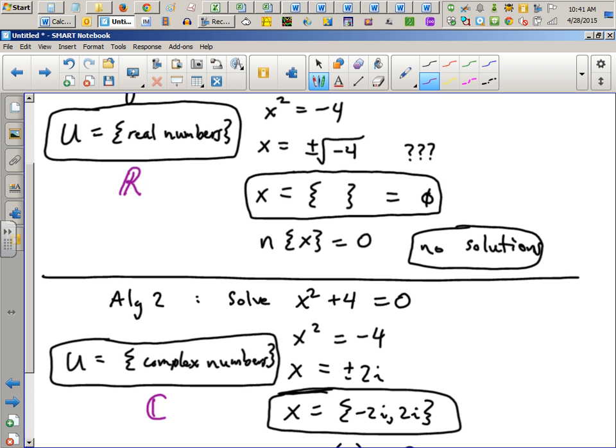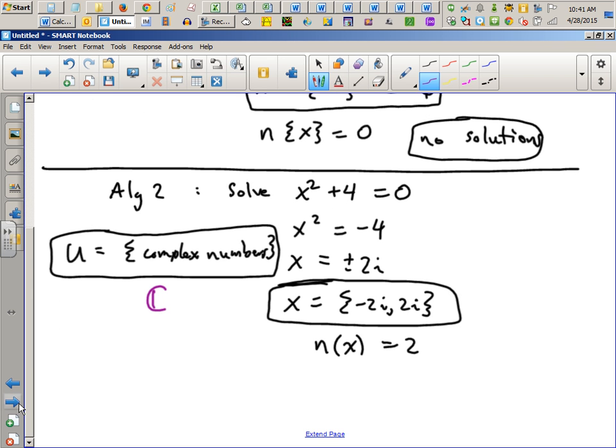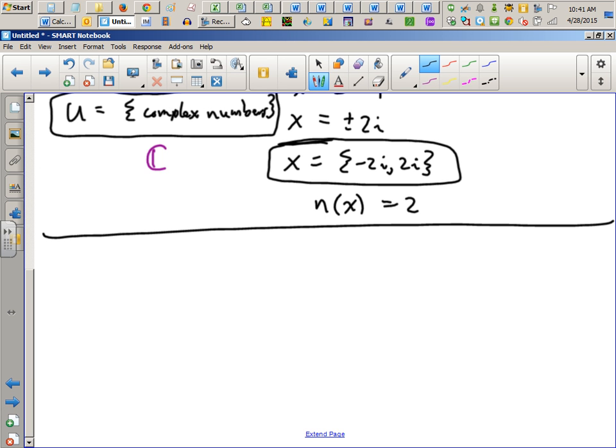The universal set could be just integers. Okay, so if the universal set is integers, the set U is the set of all integers, in many math books that's abbreviated as Z, double-struck Z. I don't know why Z. Why not I, you know?